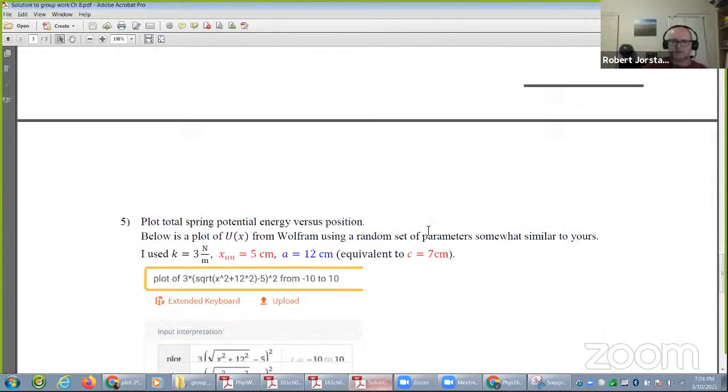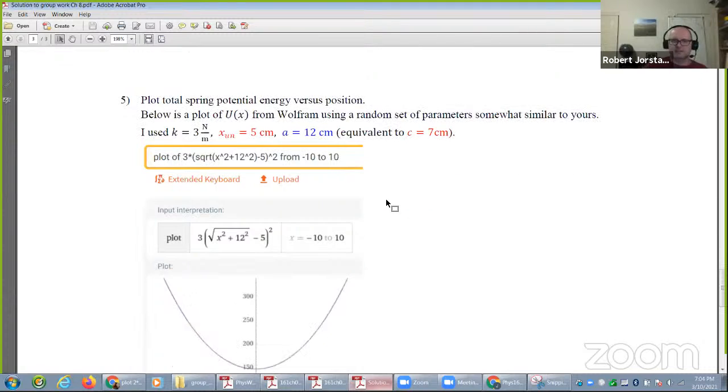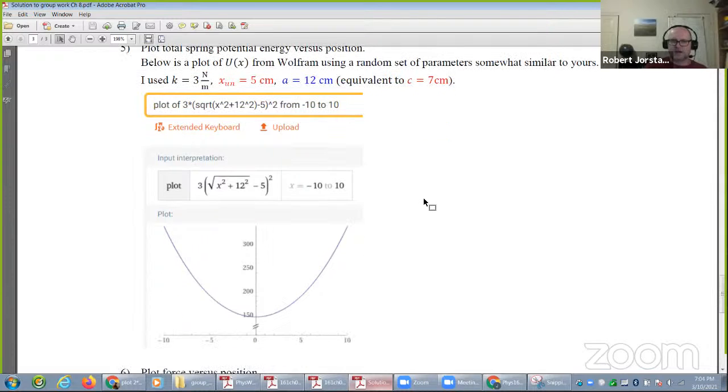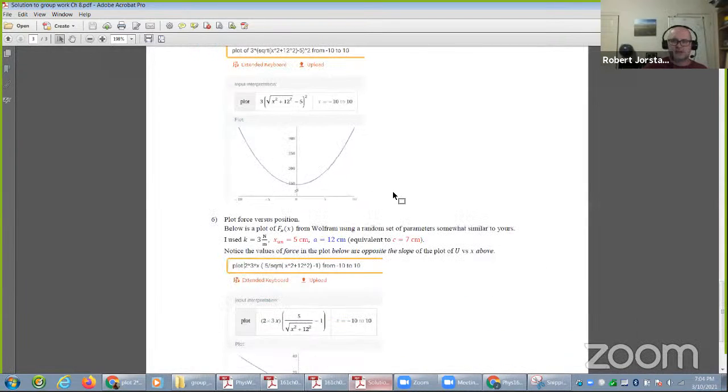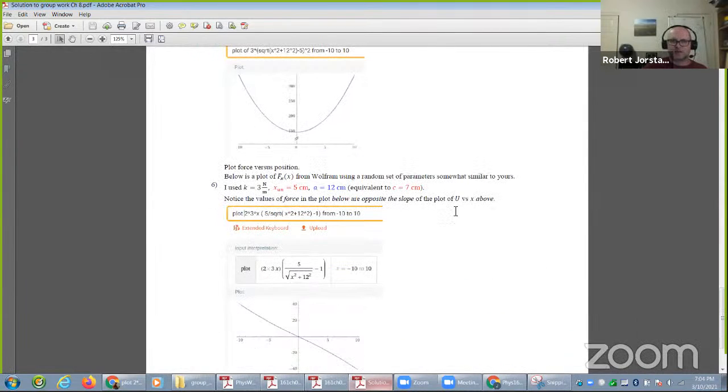Now, if you want to plot these things, I just pick some random numbers. These plots will all look a little bit different. I just had it plot it. I plotted the force and I plotted the potential energy. And notice the following.